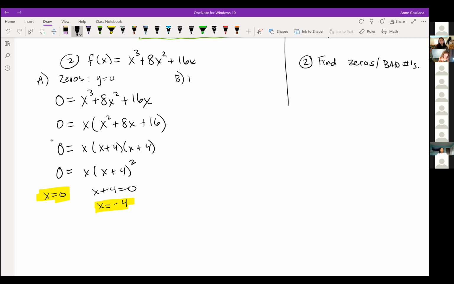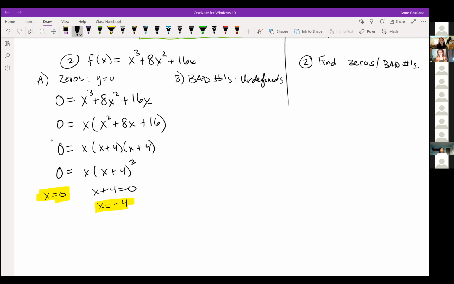And then let's look at our bad numbers or undefined values. Where will this function have numbers I can't put in, or that break it? Let's review when that happens: denominators equal to 0, or even roots, which have to stay positive.